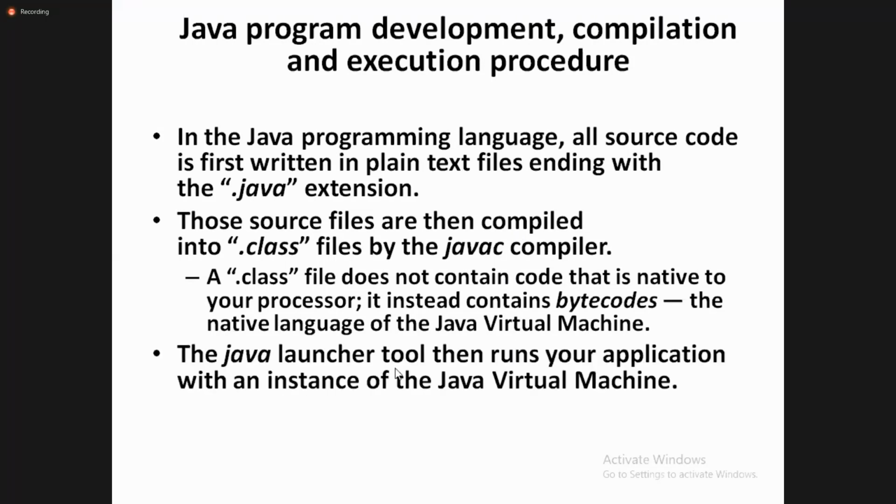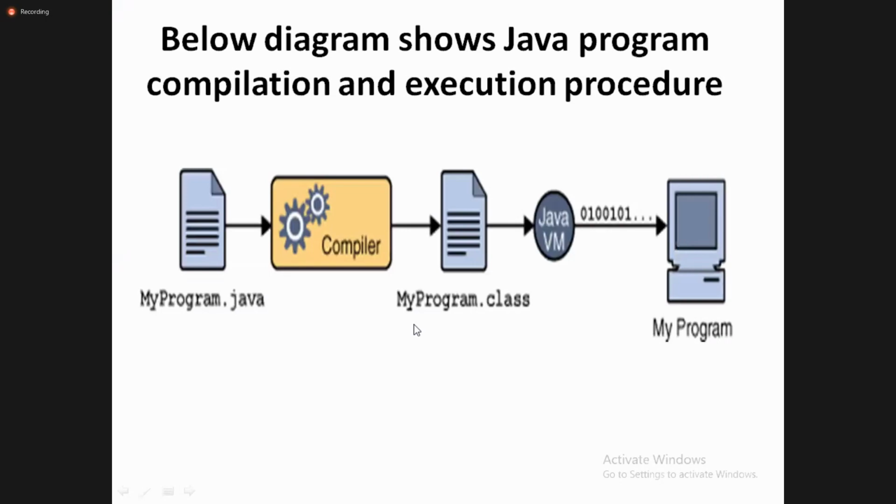The Java launcher tool then runs your application with an instance of the Java virtual machine. By using the JVM, your Java bytecode will be executed by converting it for the particular operating system. This is the diagram given by Sun Microsystems. My program.java is given to the compiler software.